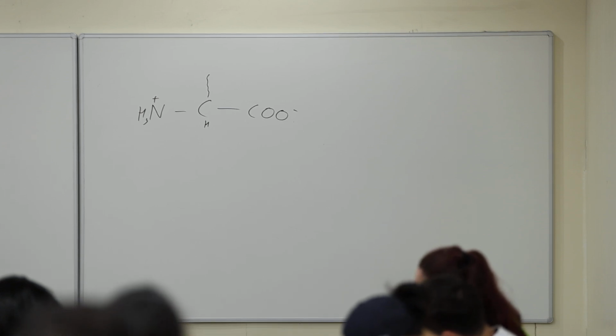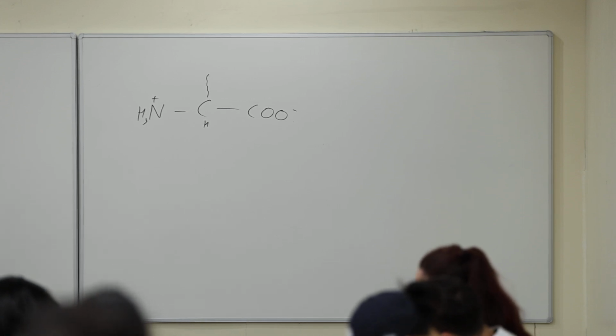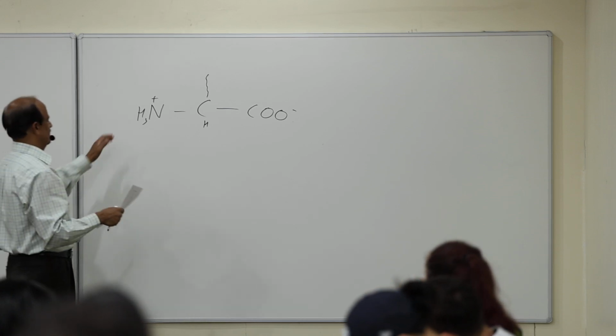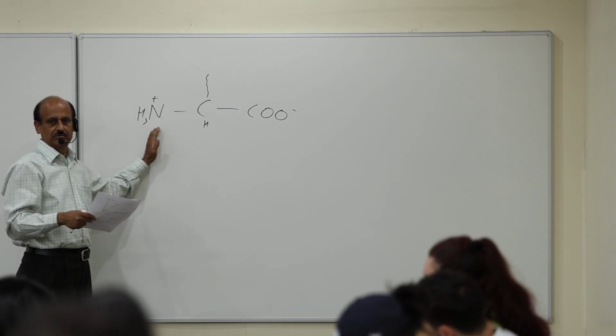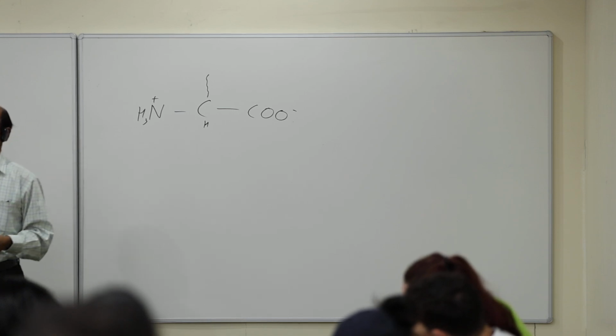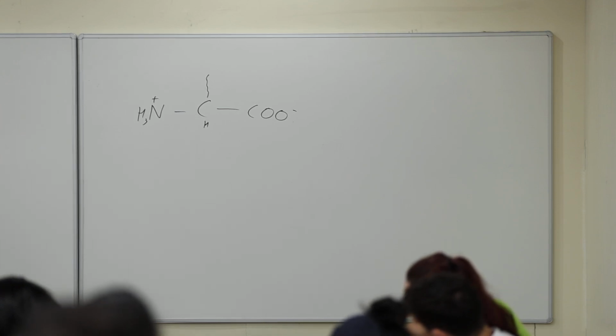In the same way, you have to have a rule for every class of compound. For the amino acids, the rule is the nitrogen is always written on the left side like this, and if it is on the left side, it is L amino acid. If it is on the right side, it is D amino acid.